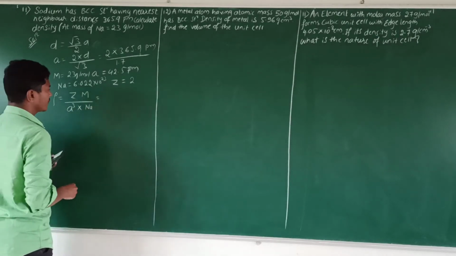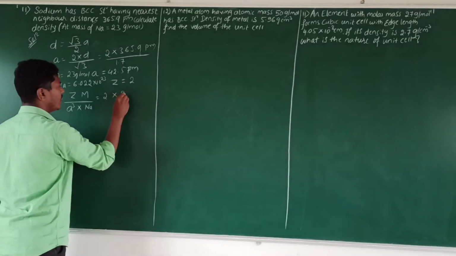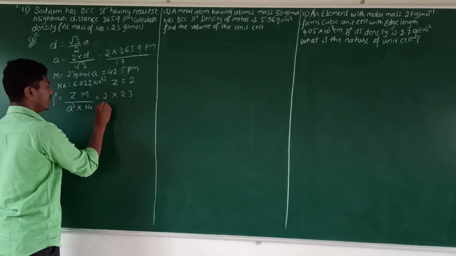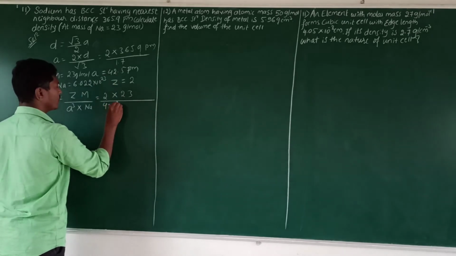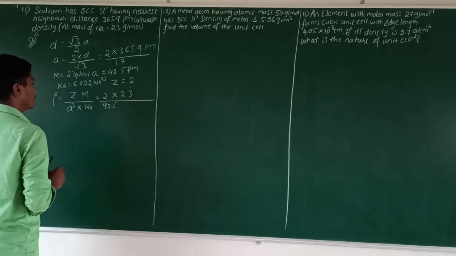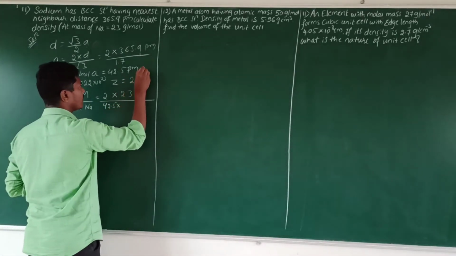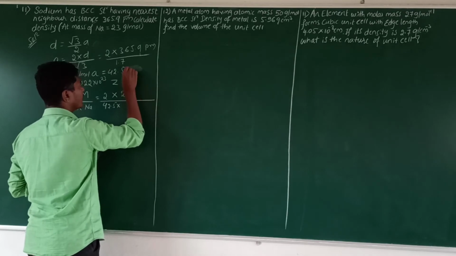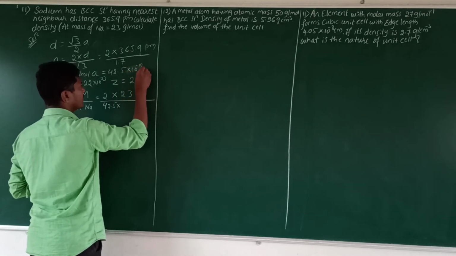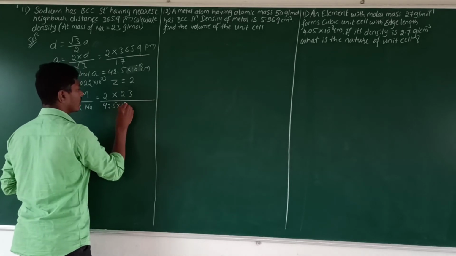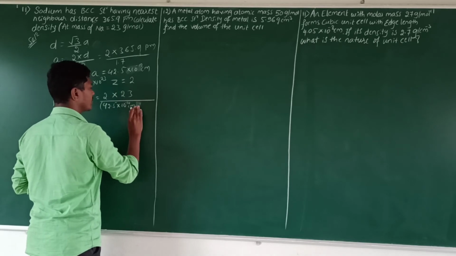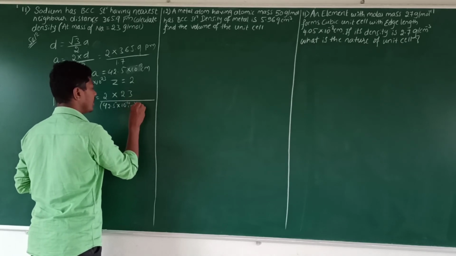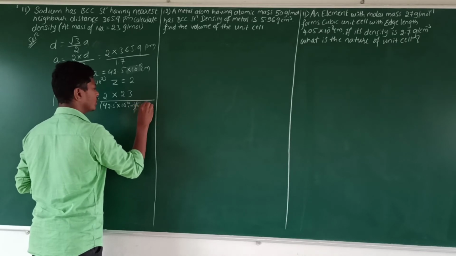This implies Z is 2, 23 divided by 422.5 into 10 to the power minus 10 centimeter, cubed, into Avogadro number 6.022 into 10 to the power 23.